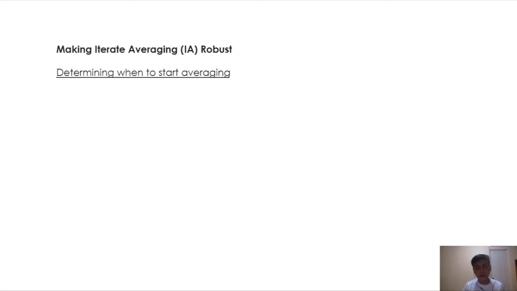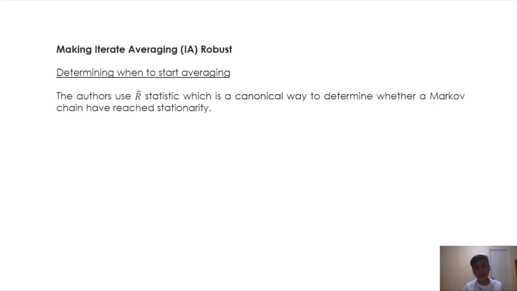They also use the MCSE to address when to stop averaging. And now I will be explaining both of these measurements. I will first start with the R hat statistic.